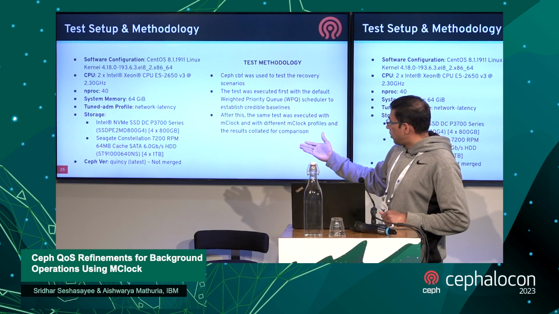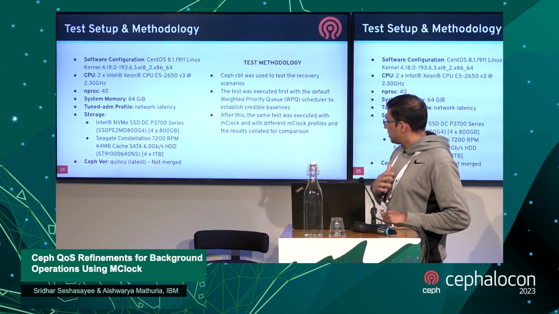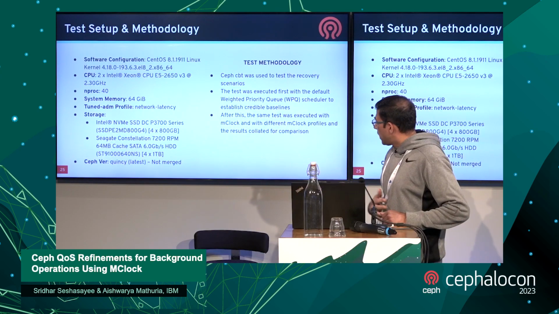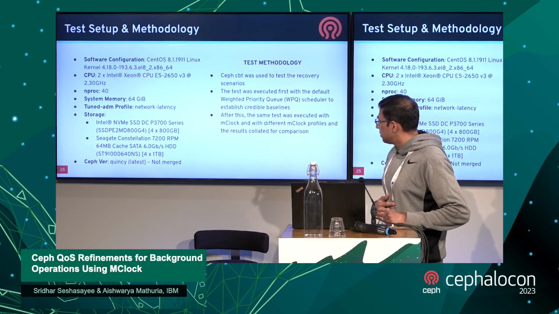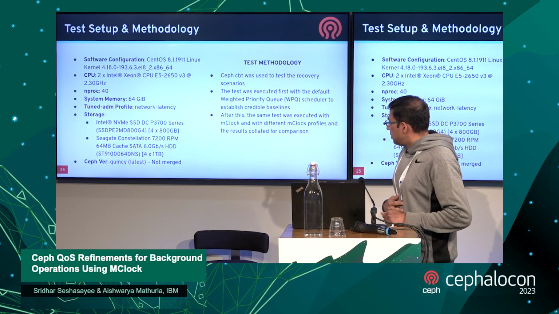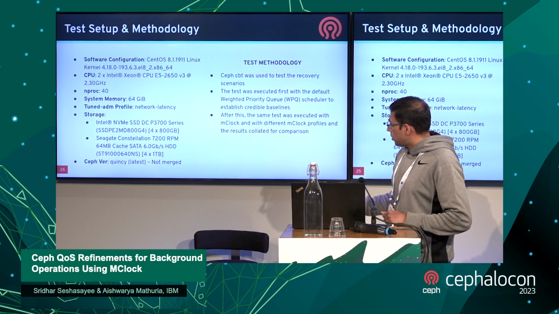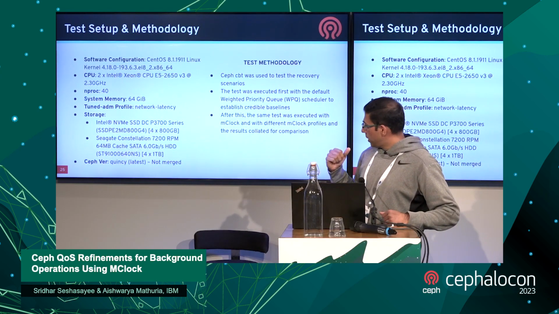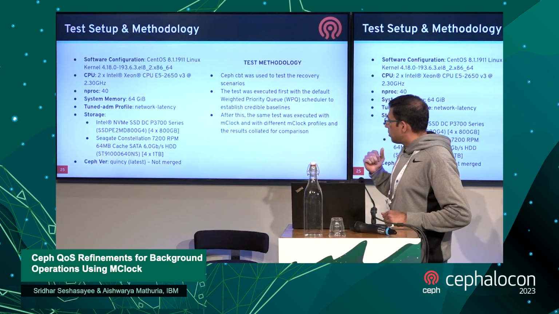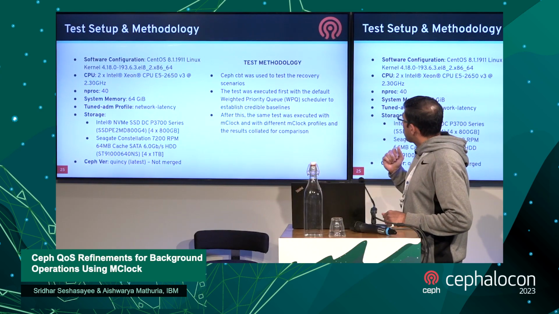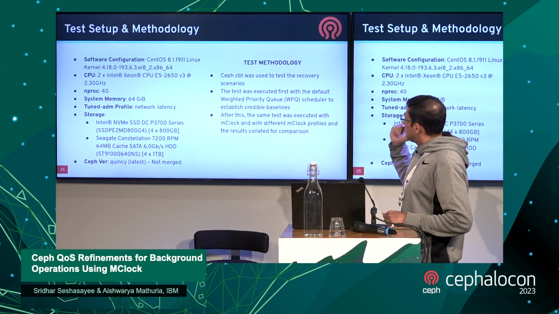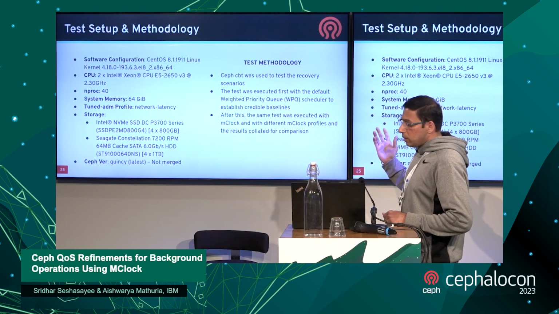It had basically 4 NVMe SSDs, Intel P3700 series SSDs, and about a handful of Seagate Constellation drives. All the code changes that we made were merged into Quincy tip, and then we tested on that setup. The test methodology we used was basically CBT, the Ceph benchmarking tool.